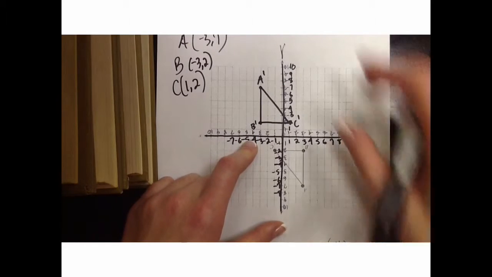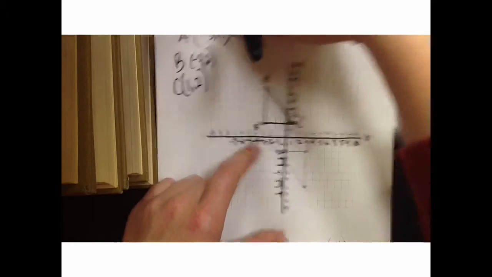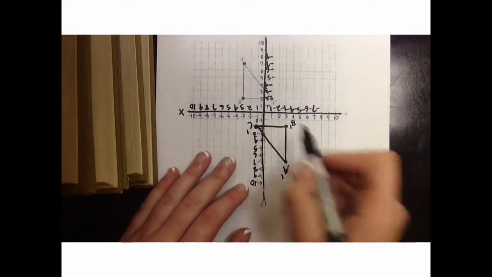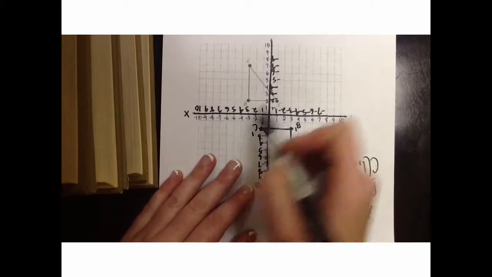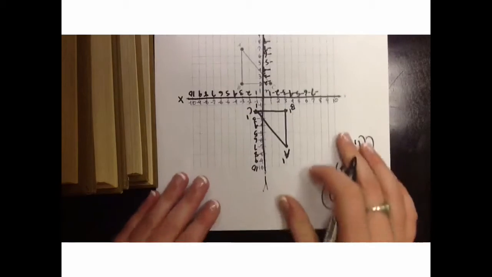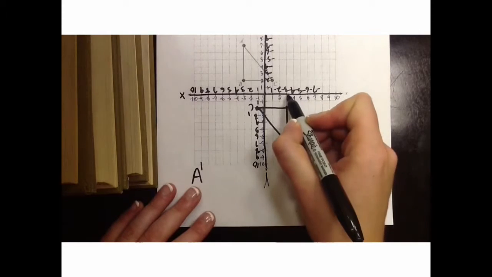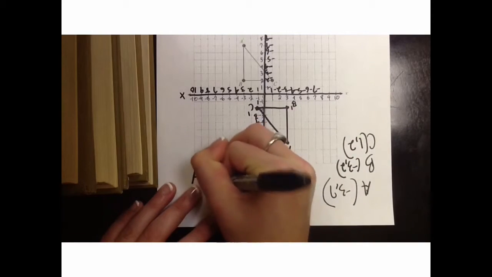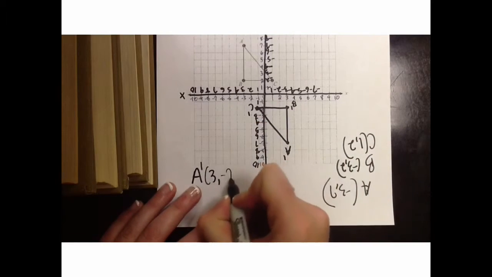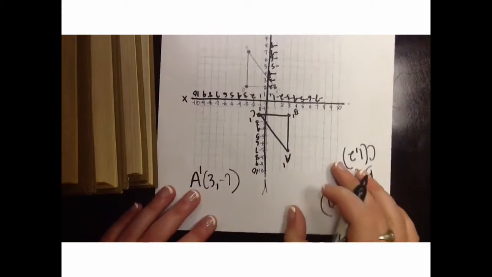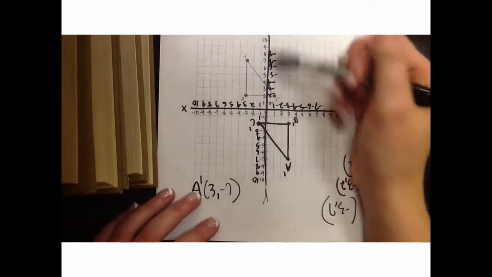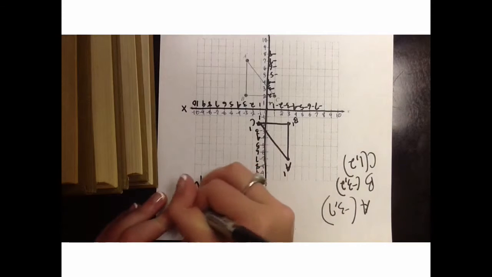And my last step is to flip my paper around to normal and write the coordinates of my new triangle from my original graph. So A prime is at 3 and -7. And remember, all I did was I turned my paper around, and now I'm looking at my original graph and plotting points.